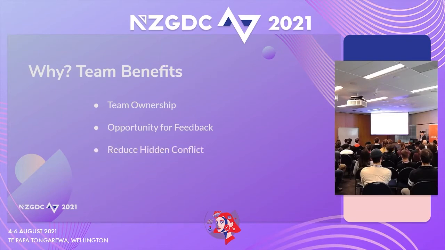Hidden conflict is one of those things that can happen if people are working in isolation, where you might not agree with the way something's been done, and by default you're not necessarily going to have a chance to actually have any input. But with code reviews you have that chance, and it gives you the opportunity to go away and discuss what the best approach is to a problem.